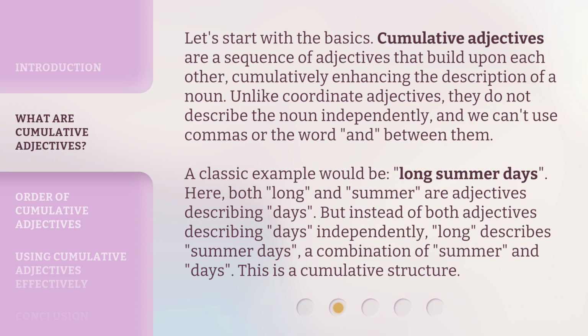Here, both long and summer are adjectives describing days. But instead of both adjectives describing days independently, long describes summer days, a combination of summer and days. This is a cumulative structure.